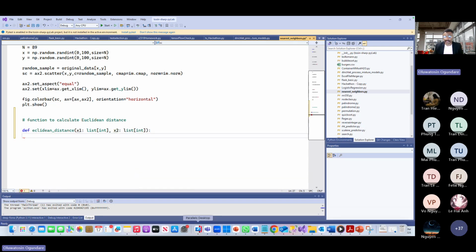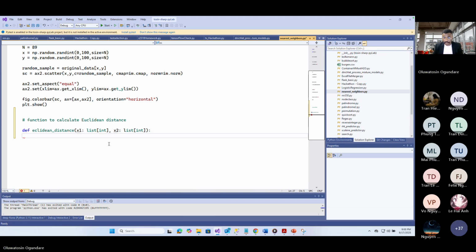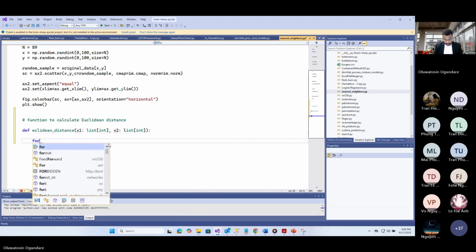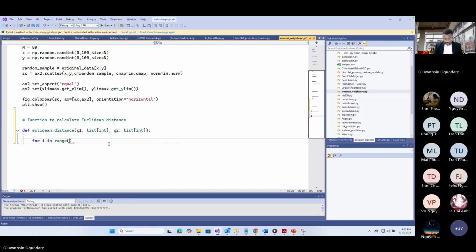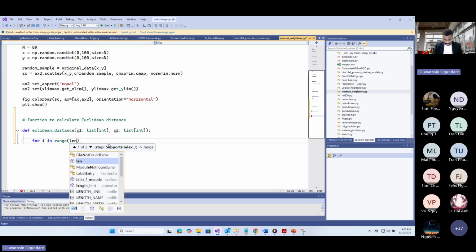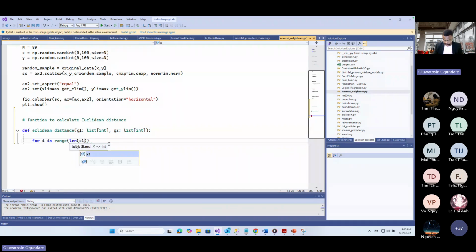Then I could say you could have i in range of length of x1. x1 and x2 are going to have the same length because they are vectors in the same space. And then you can have an accumulator, because we're doing a sum of squares. The accumulator is 0.